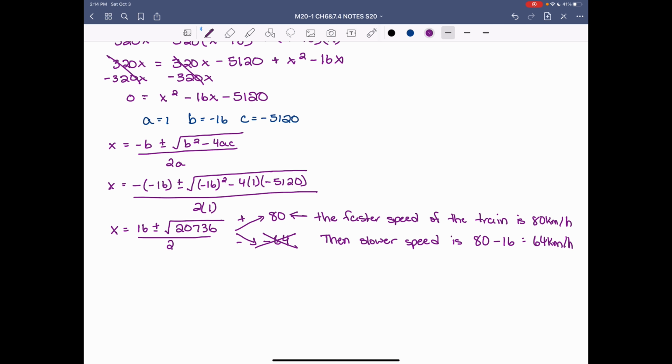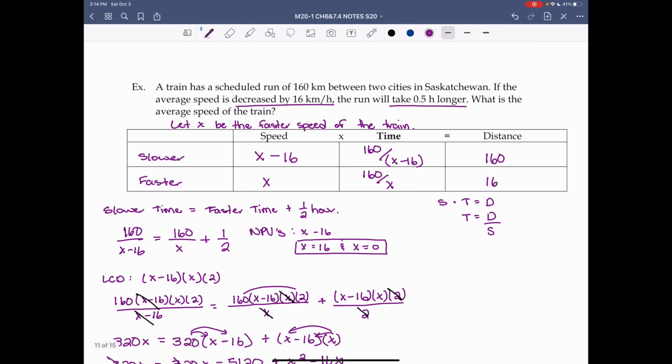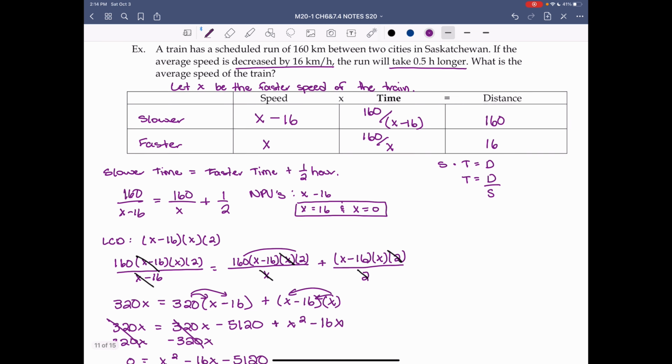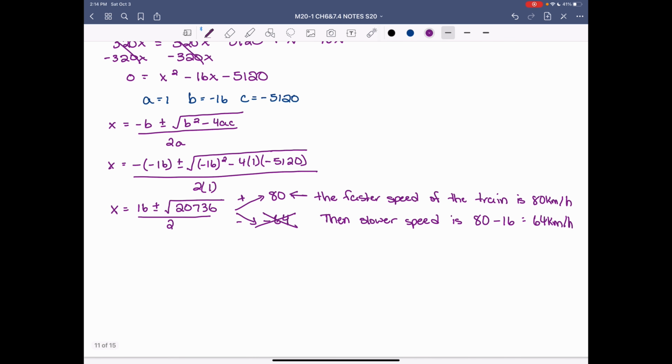And let's remind ourselves what the question's actually asking us. It says, what is the average speed of the train? The average speed would be if we take the two speeds and divide them by 2, because there are two different speeds. So the average would be our faster speed, 80 kilometers per hour, plus our slower speed, 64 kilometers per hour.